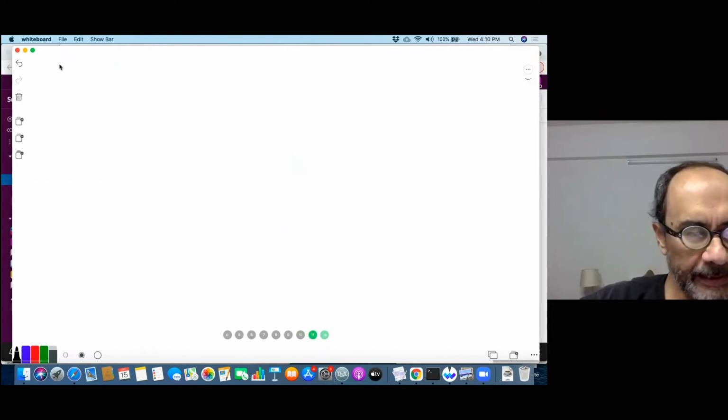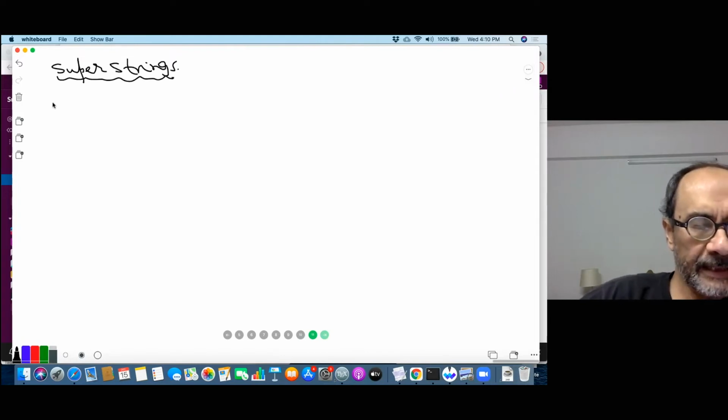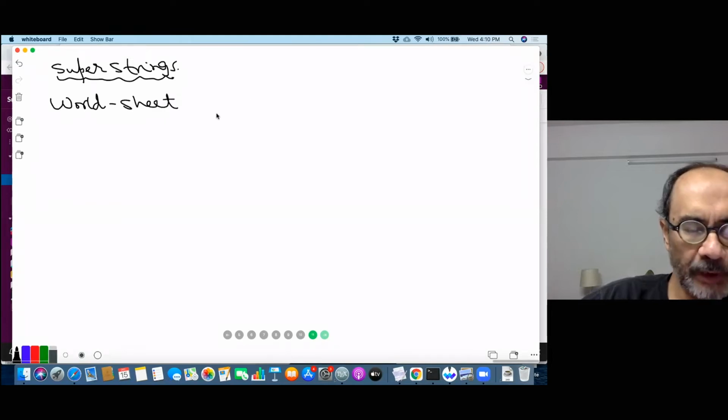Okay, so superstrings. So here the starting point is the worldsheet theory. You remember the worldsheet theory that we had for bosonic strings had diffeomorphism.